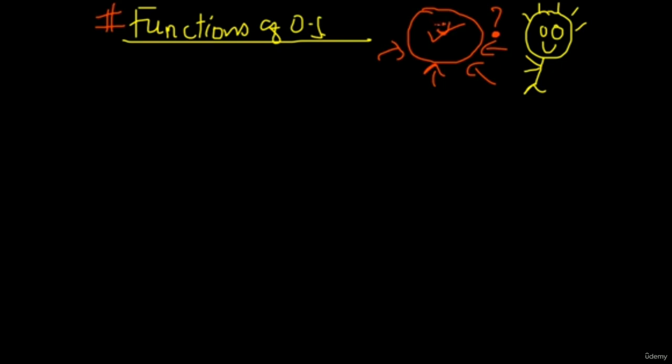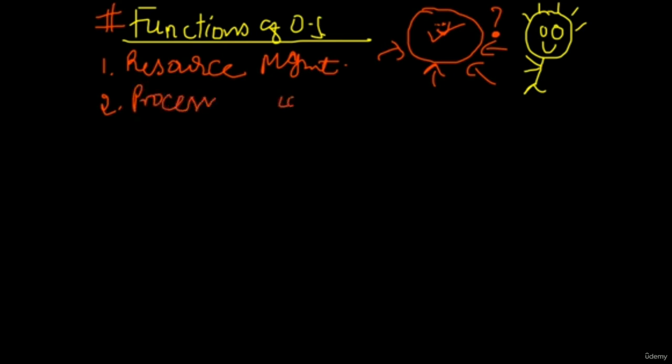The first one is resource management. I am writing MGMT for management. Now the second one is process management. Don't worry, I am going to explain each of them, but first just get to the name of it, and till then you can imagine what it could possibly mean with these managements.